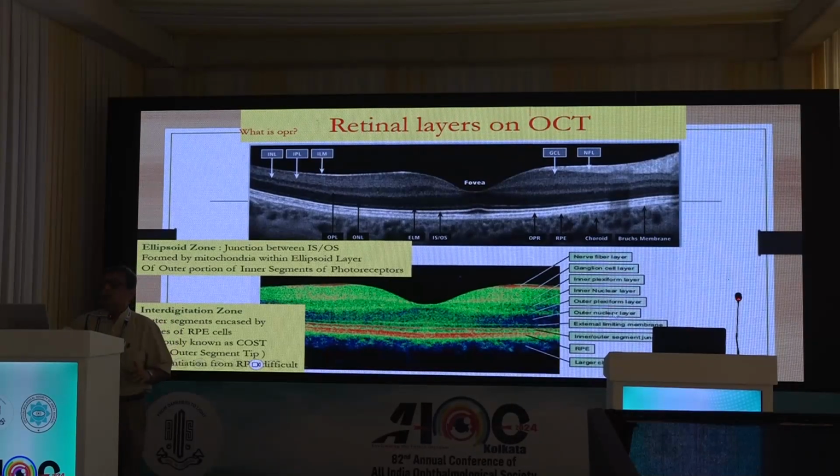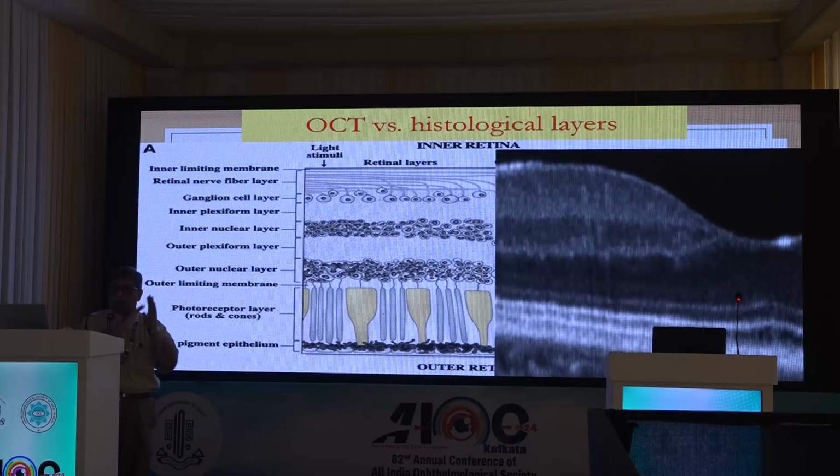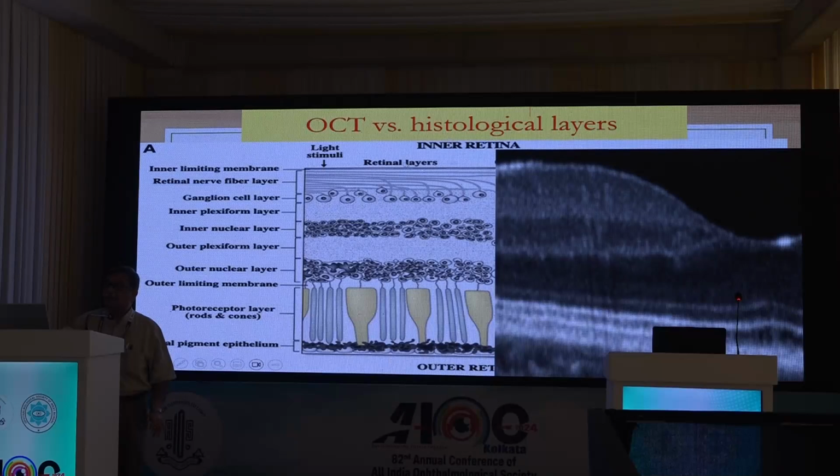Just like you can see the 10 layers of the retina on a histopath, you can see the same things in an OCT. And in fact, for those who don't believe this, look at this. This is the histopath. You have the inner limiting membrane, and then you have the nerve fiber layer, the ganglion cell layer, then the inner plexiform layer, the inner nuclear layer, the outer plexiform layer, the outer nuclear layer, the external limiting membrane, and then the photoreceptors.